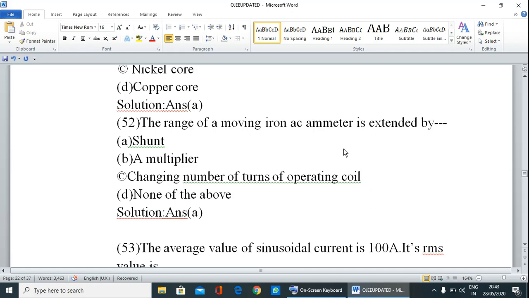We have to connect a shunt so that the extra current will be bypassed through the shunt. Already you know that a shunt is a low resistance connected in parallel with the meter circuit. So the correct answer is shunt.